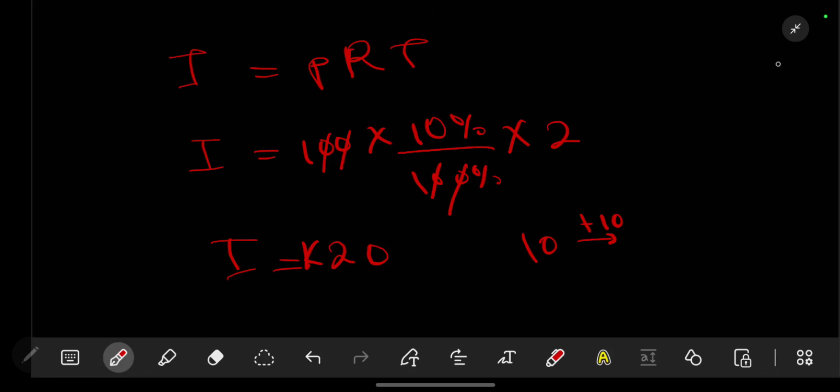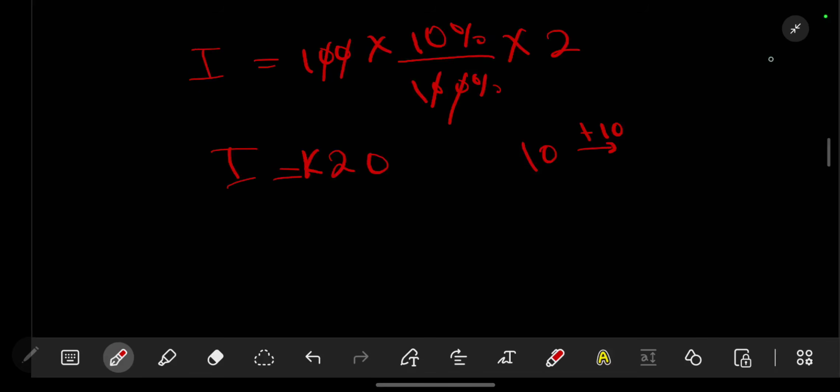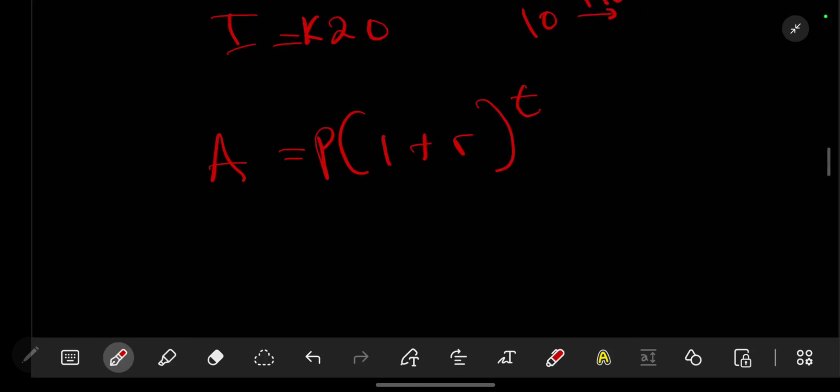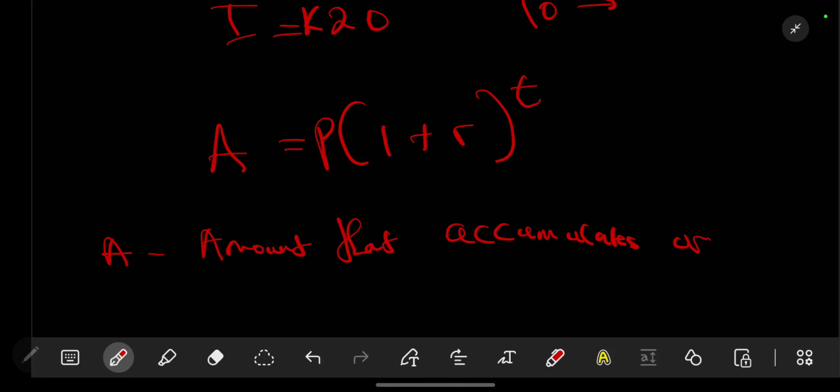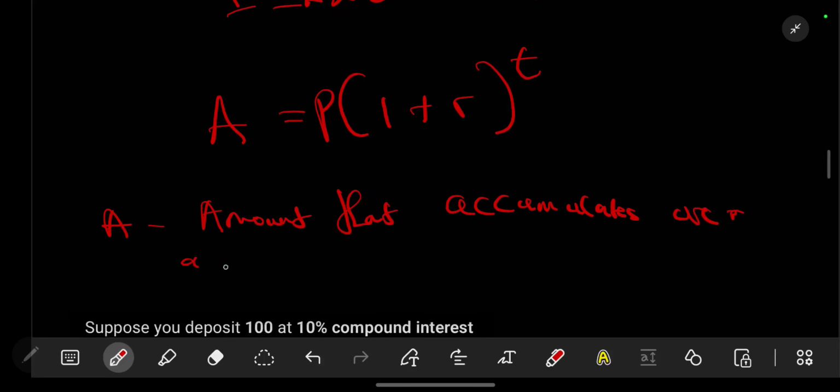To explain this, let's take this as our example. A is given as the principal times 1 plus R to the power of T. So principal times 1 plus R to the power T. Our A is the amount that accumulates over a period of time.